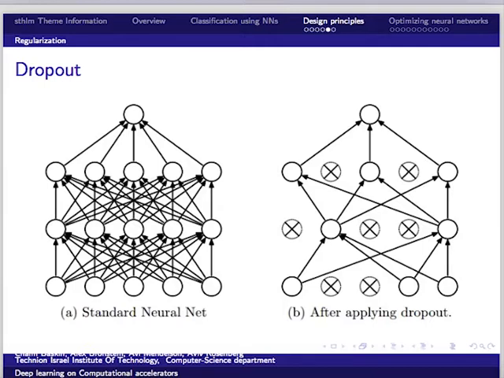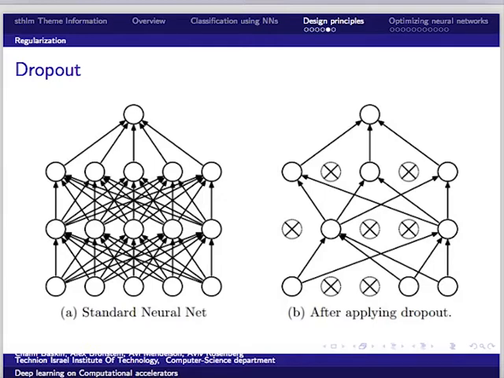And the biases too: when I talk about weights, I include biases, because there are unbiased versions of neural networks, but if we have the biased version, we apply dropout also on the biases. The number of biases equals the number of output neurons.